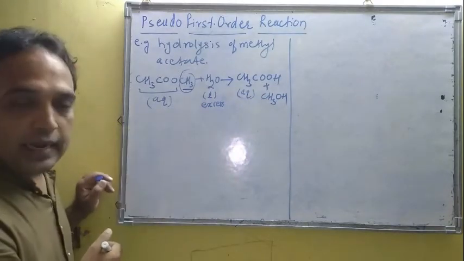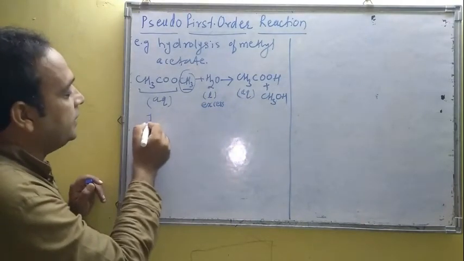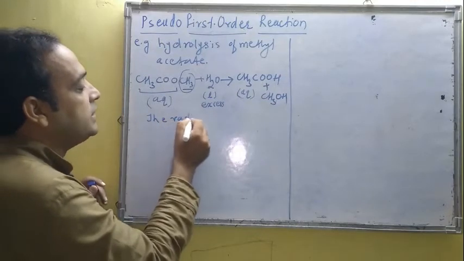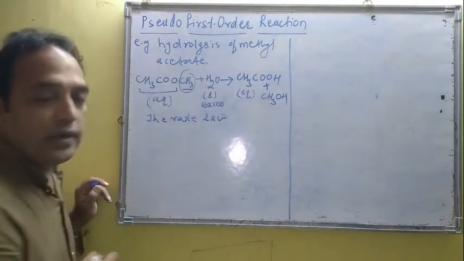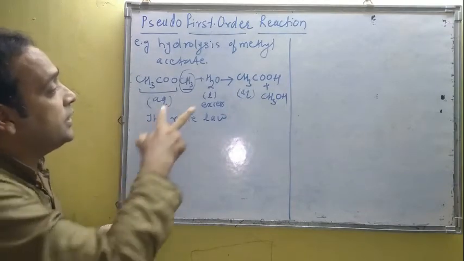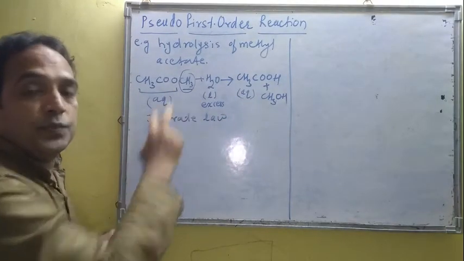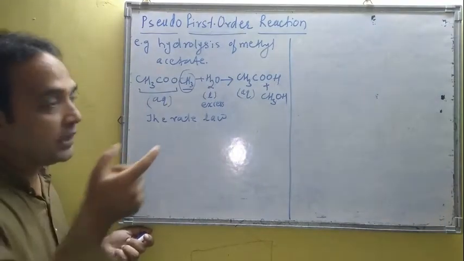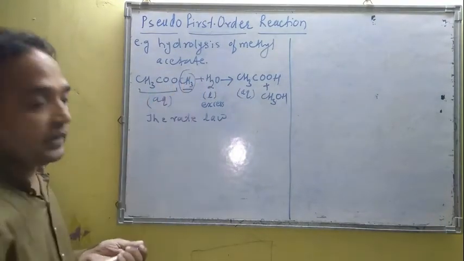Now write the kinetics of this reaction. So you can write the rate law. What is rate law? We have discussed it: the rate of reaction depends upon the concentration of only the reacting species.